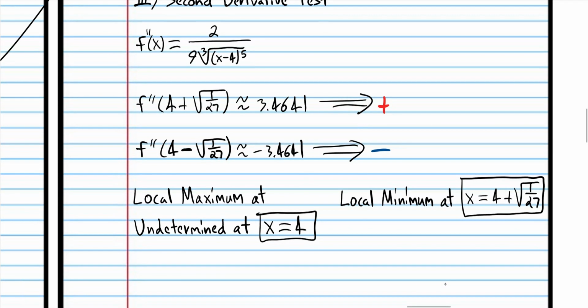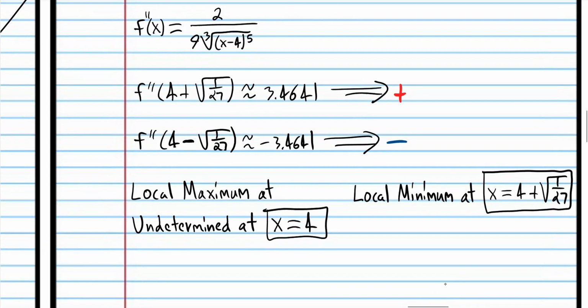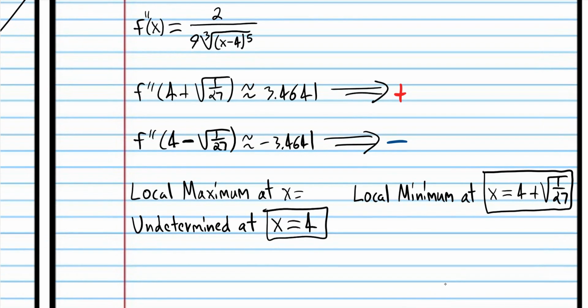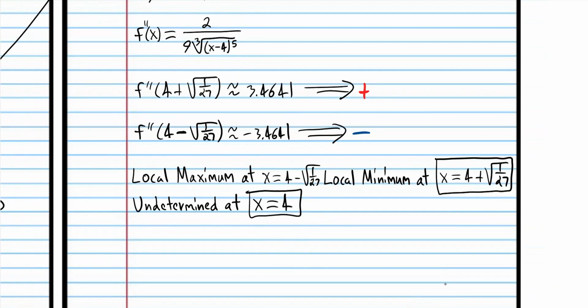So the second derivative test tells us that there's a local maximum at x equals 4 minus the square root of 1 over 27. So there you go.